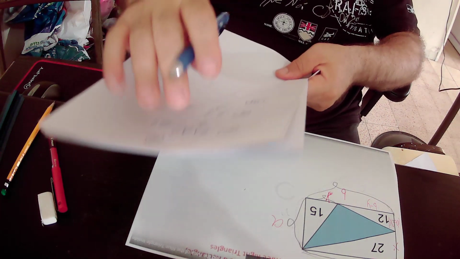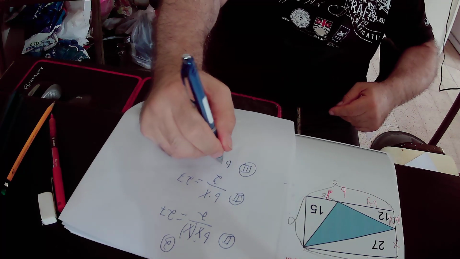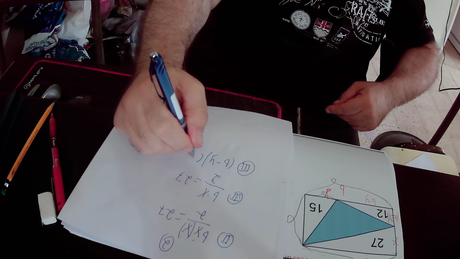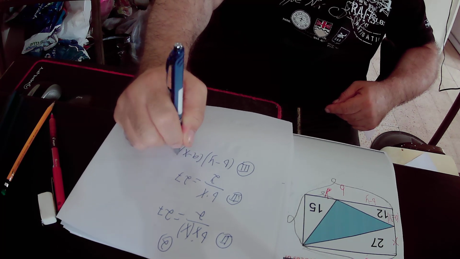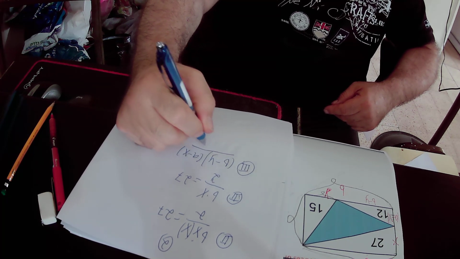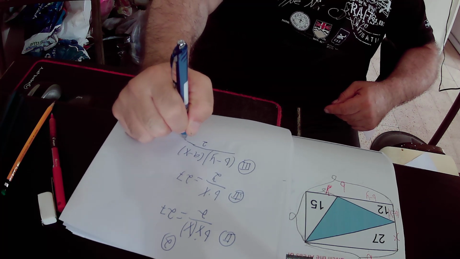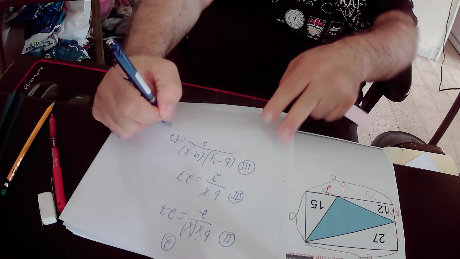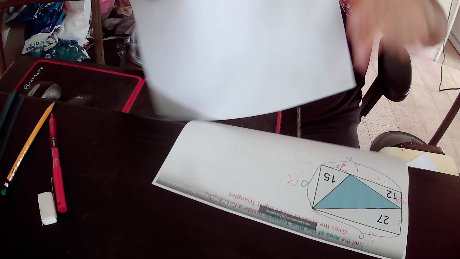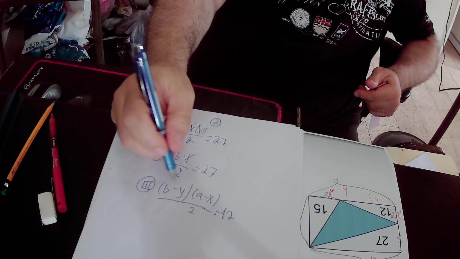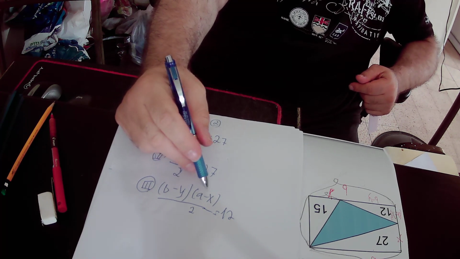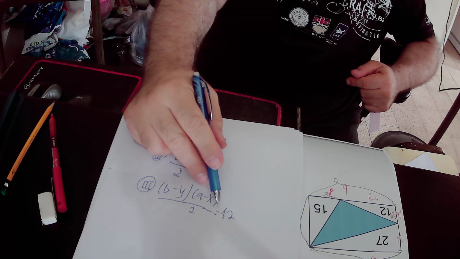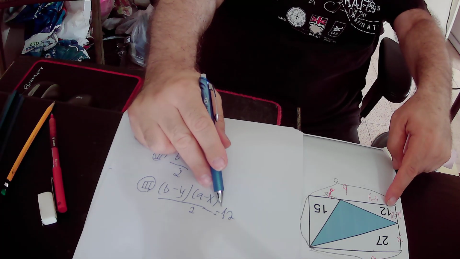So we write it down: the base b minus y, times the height a minus x, all divided by 2, equals the area of this triangle, that is 12 units.